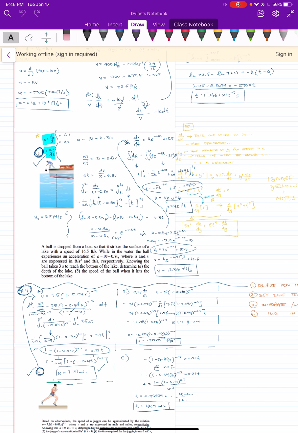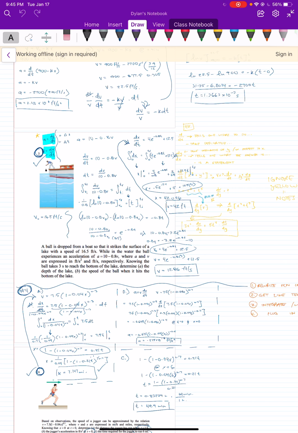I reorganized that into terms of dt and integrated. Once I integrated that, I plugged in my initial velocity and my final velocity and was able to solve for that.